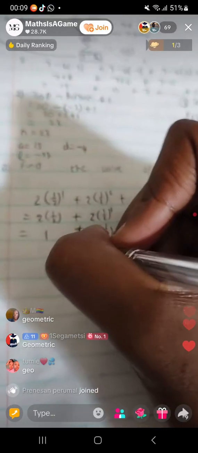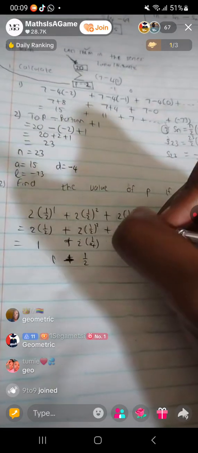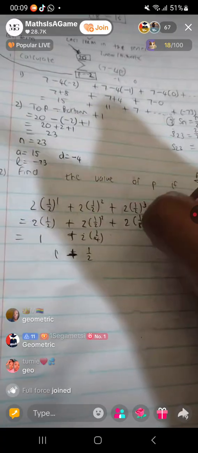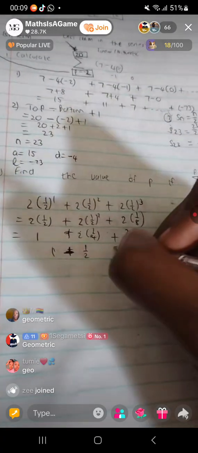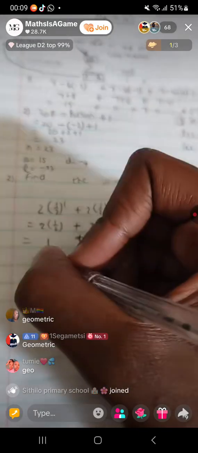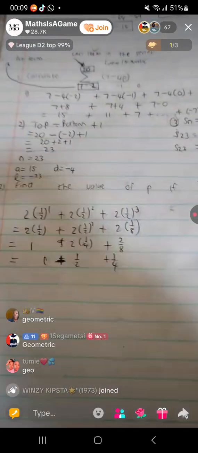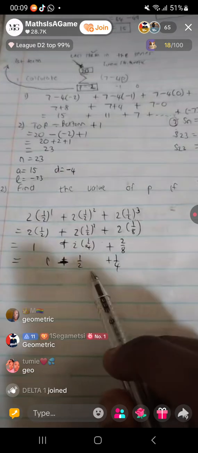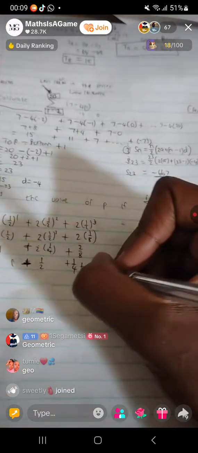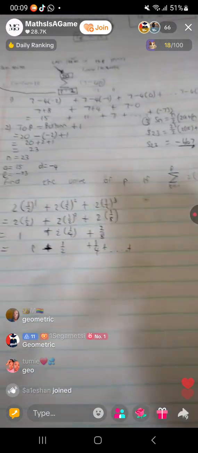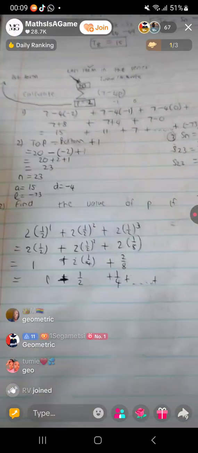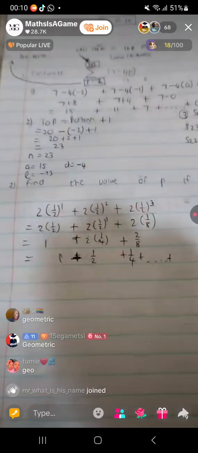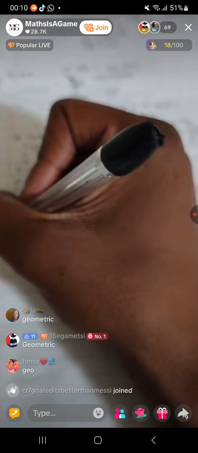So we have 1 plus half, plus 2 into 1 over 8, which is actually 2 over 8, which is a quarter. This is our series: 1 plus half plus a quarter plus dot dot dot, which means we can go on forever. So that's the first step.